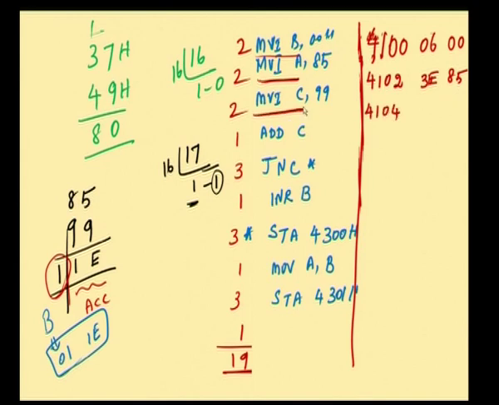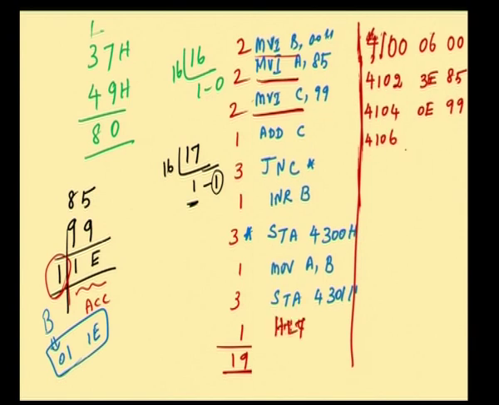MVI C, its corresponding opcode is 0E, then the operand is 99, it needs 2 addresses, the next address is 4106. At 4106 I have to write ADD C, which is 81, single byte, so a single address is enough. Then 4107, at 4107 I have to write JNC, JNC is D2.